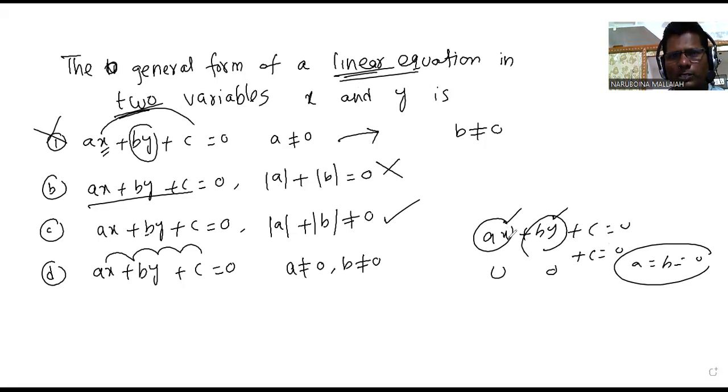If we place 0 in the place of x and y, we get all zeros plus c. So a must not be equal to 0, b must not be equal to 0. Then only we have x's and y's. Two variables must be there, otherwise we will lose them. So that's why option D is right, and option C. C and D are the correct answers for this question.